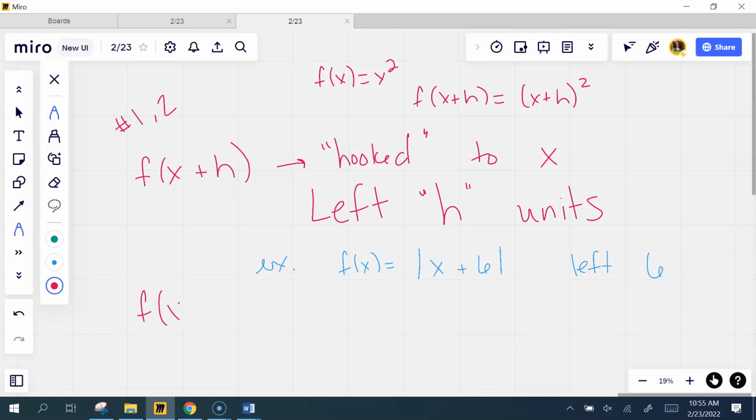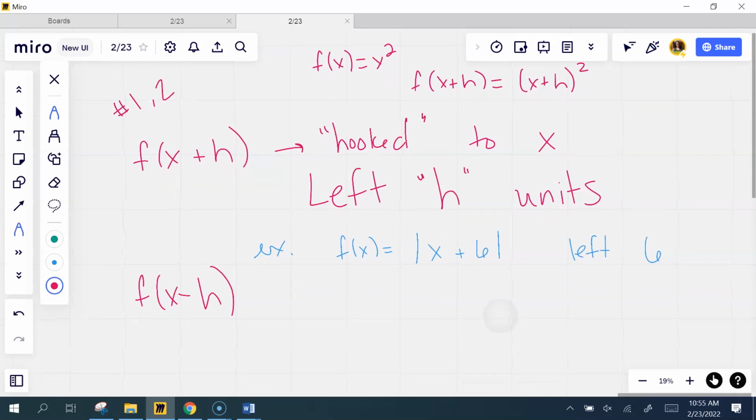The next one is f of x minus h. Again, this is hooked to the x. What happened when I subtracted something like in number 2? What did it do to the graph? It moved it right h units.